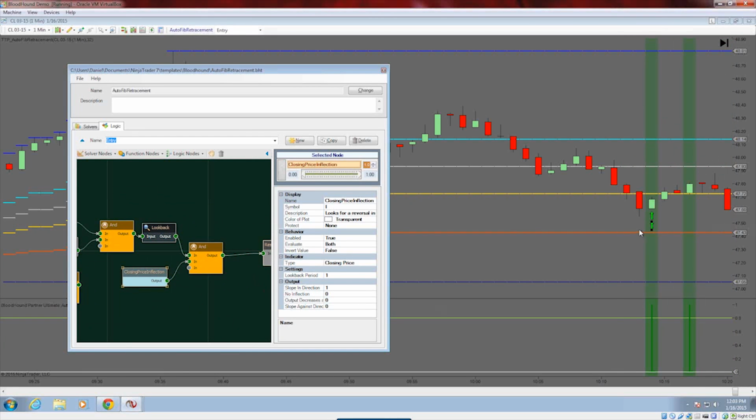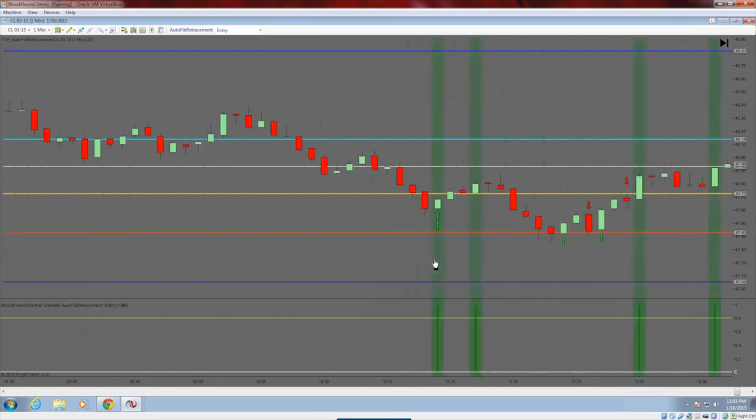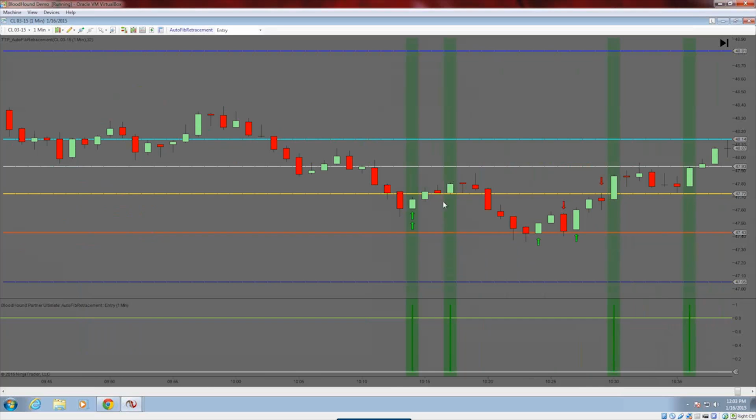Okay. Now this could be a problem right here. Do we want to allow that signal? You see, it's allowing this signal because this bar was down, and then it turns back up. So that's really a closing price inflection. And this bar and the previous bar were both touching the 61.8.